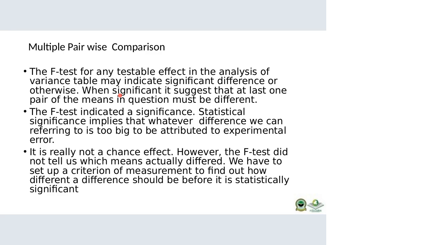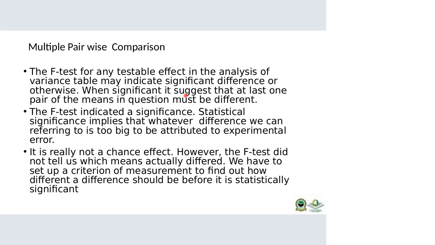If there is no effect, there is no point comparing the means. We would have ended there. Once the test shows non-significant, there is no point comparing the means. We consider them to be one, the same group.